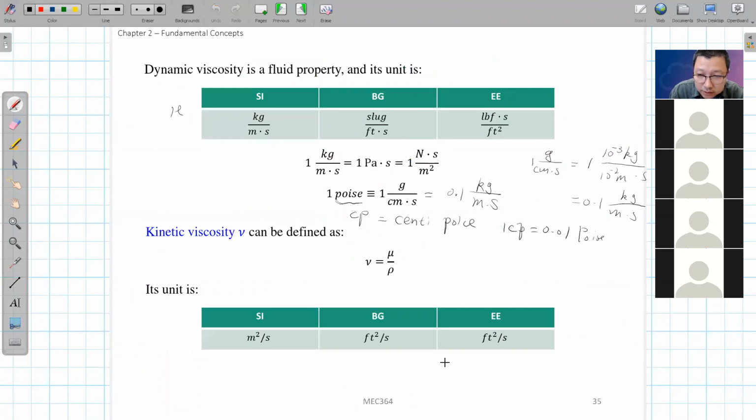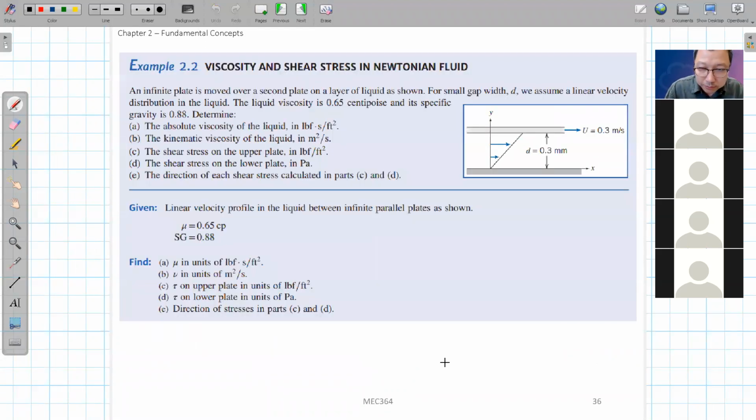Any other question? No. Okay, so let's go to an example problem. So this problem will help you to get familiar with how to calculate the shear stress, the viscous stress, based on the velocity gradient and the value of the viscosity. Okay.